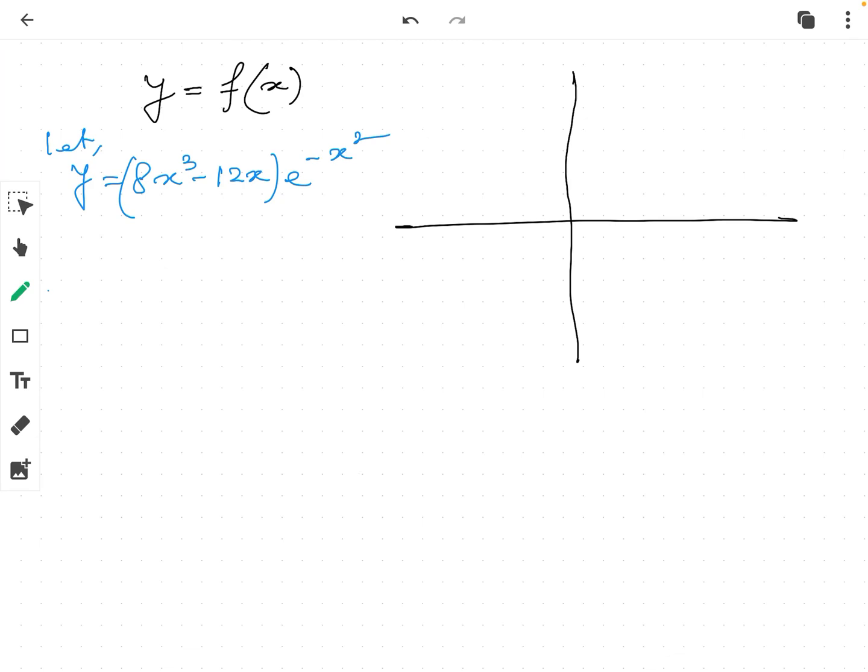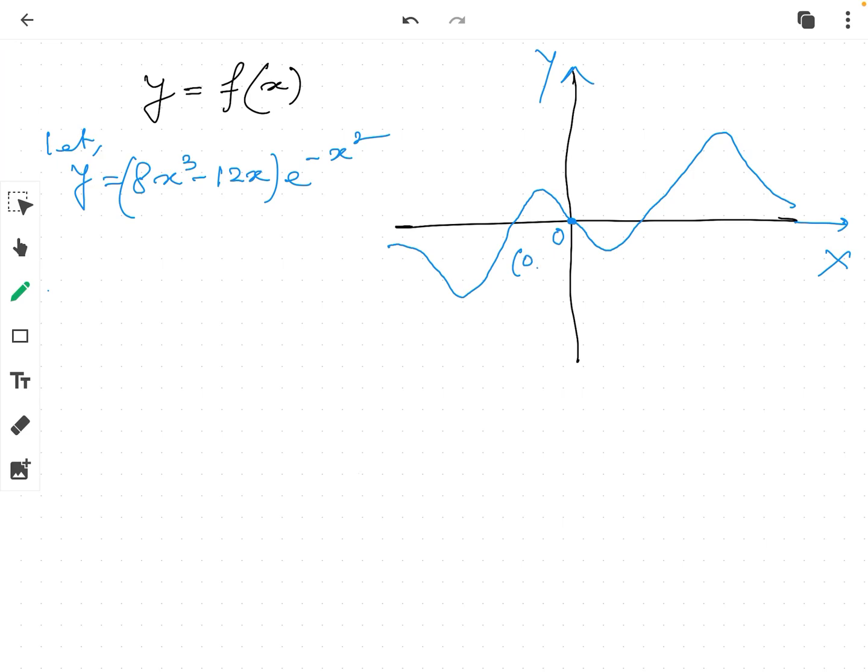If you draw the graph of it, it will give you a curve almost like this. This one is the x axis and this one is the y axis, and this is the origin, that is 0, 0.